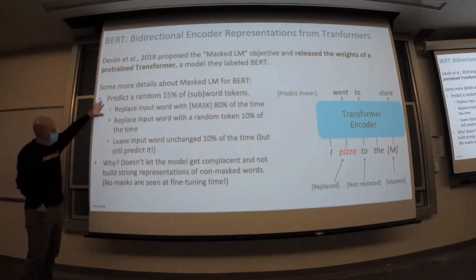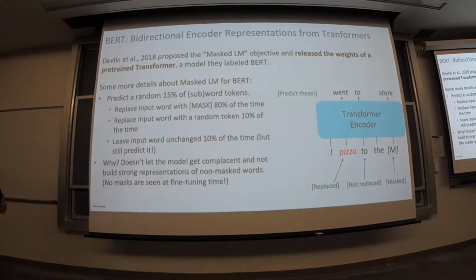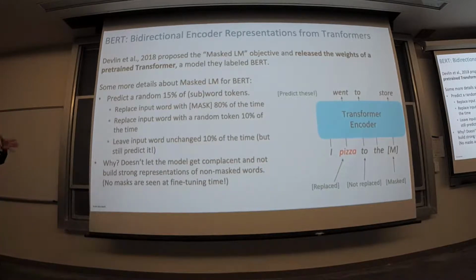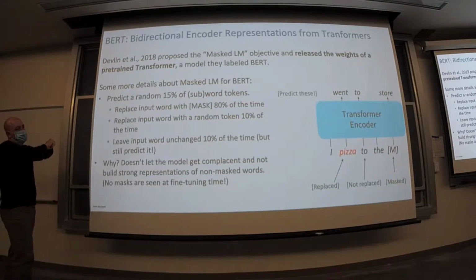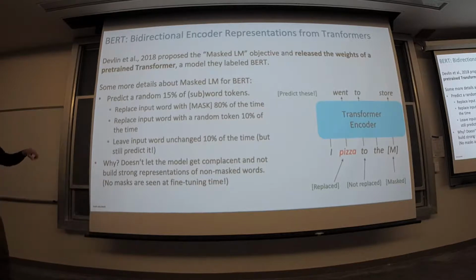So here's the standard approach, at least from the paper. In general, you want to make predictions on roughly 15% of the tokens. These are variable length phrases, so the percentage is going to change with the number of tokens. You want to predict the correct tokens from a corrupted version of the phrase.